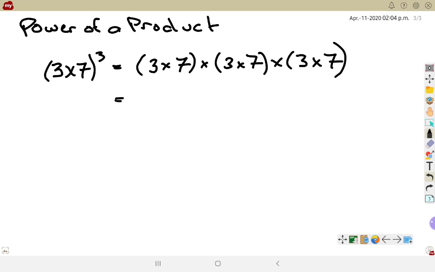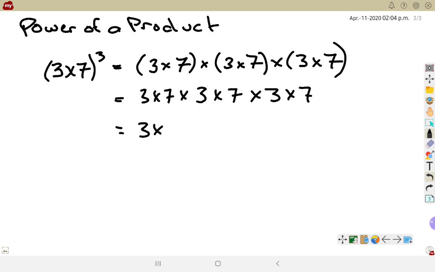Now, because all I'm doing is multiplying, I'm allowed to drop those brackets because I can multiply in whatever order I like. And because I can multiply in whatever order I like, which means multiplication is called commutative, things can travel, okay, I'm allowed to move all my factors around.